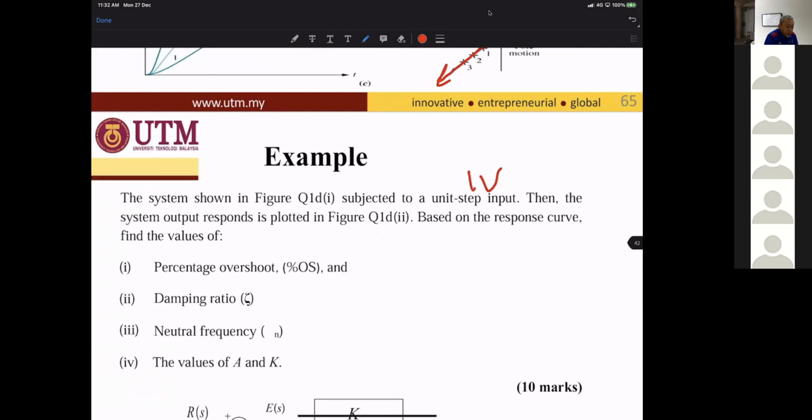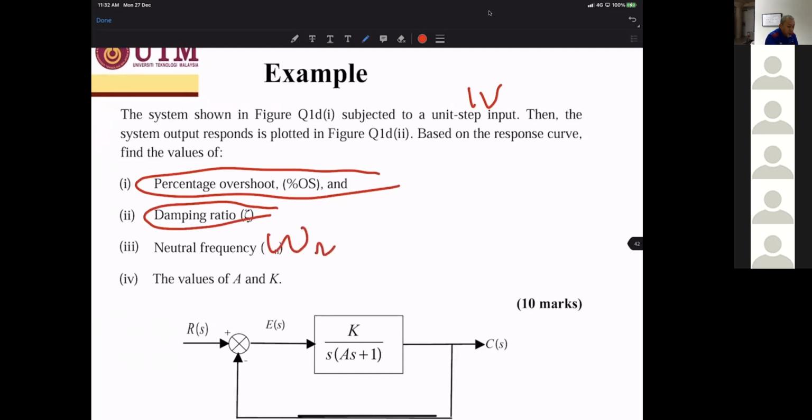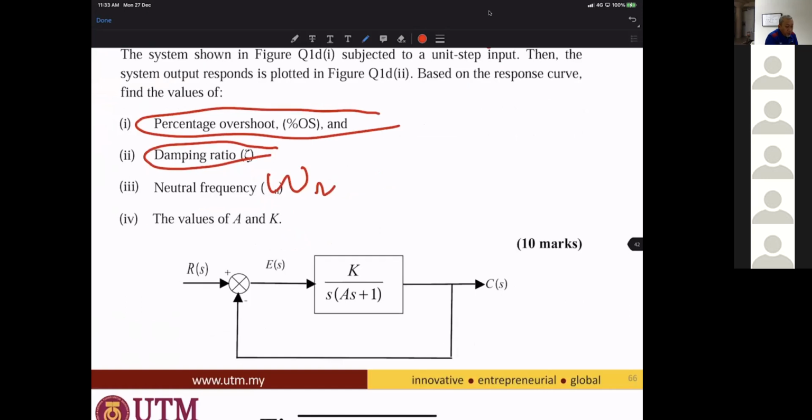Based on the response curve, find the values of overshoot, damping ratio, omega n, and the values of A and K. So K is the gain. And A is the value of the coefficient of the S.